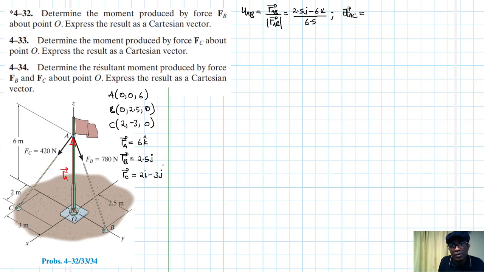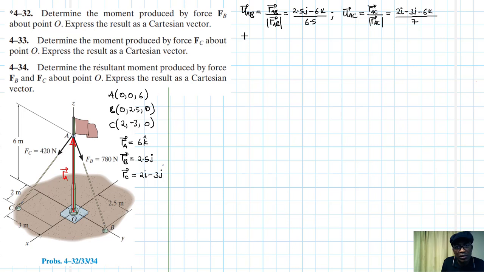This is equal to RAC divided by its magnitude, and this is equal to C minus A for the coordinates: 2 minus 0, that's 2I, and minus 3 minus 0, that is minus 3J. Then 0 minus 6, that's minus 6K, divided by the square root of 2 squared plus 3 squared plus 6 squared, so divided by 7, like so. Great, so we have this.